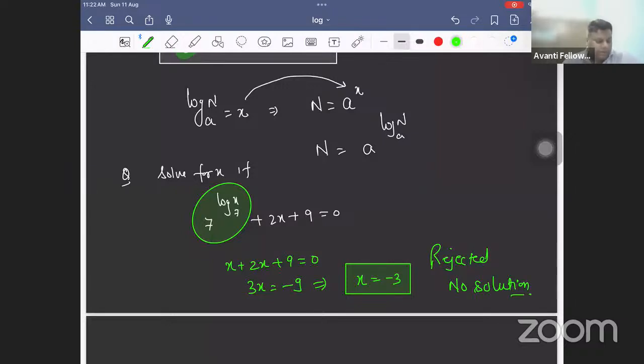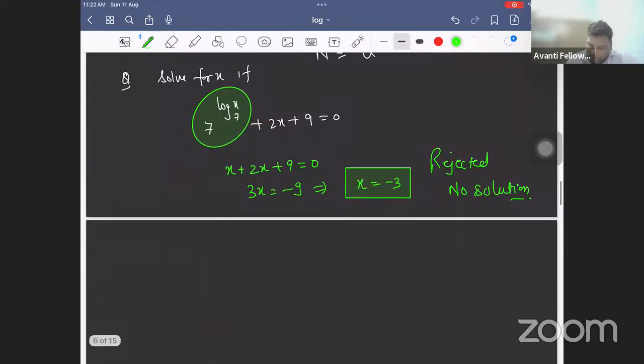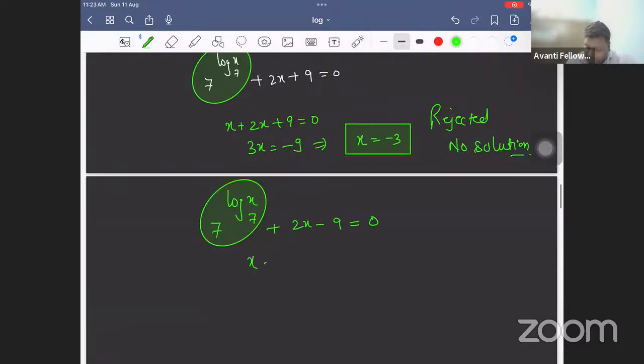Got it? But yes, if the equation is like 7 raised to the power log x base 7 plus 2x minus 9 equals 0. Now, this value is again x, plus 2x equals 9. So 3x equals 9.